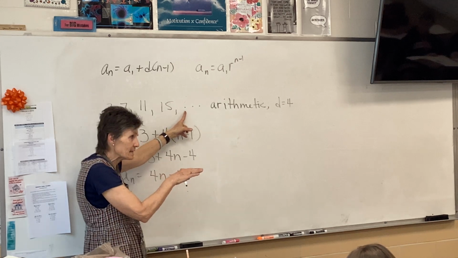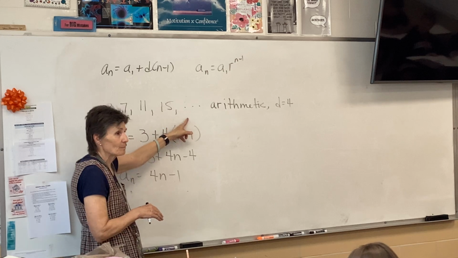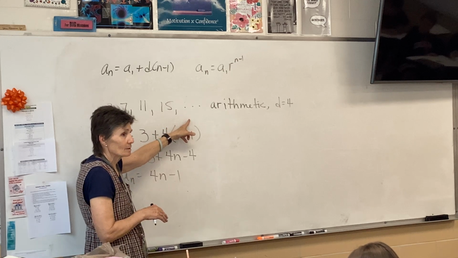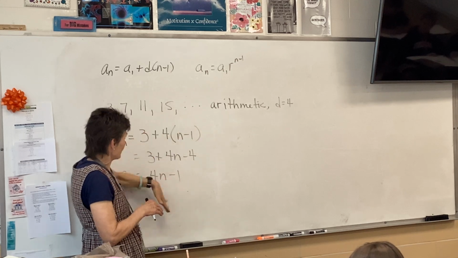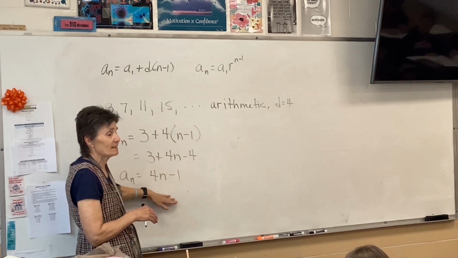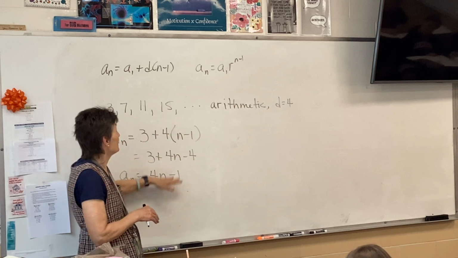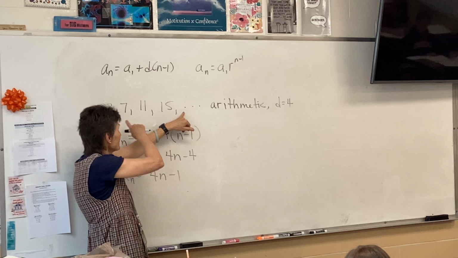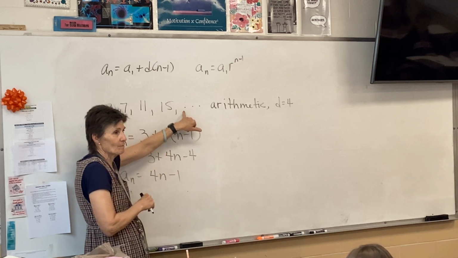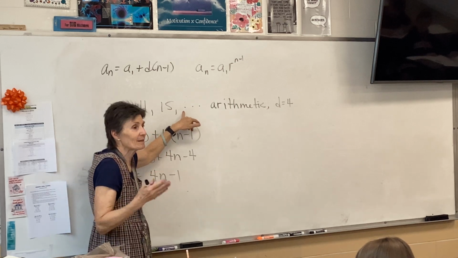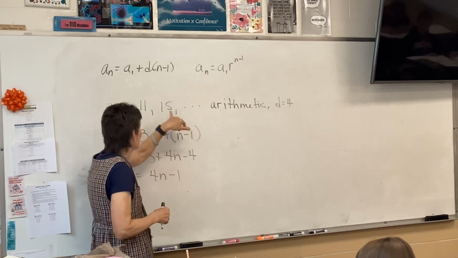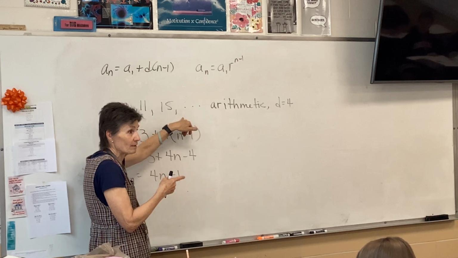It would be 19. You're adding 4. But Jake, if I just want to look at this list of numbers, what's the next term? 19. How did you get that? You just added 4. You took 15 and added 4.